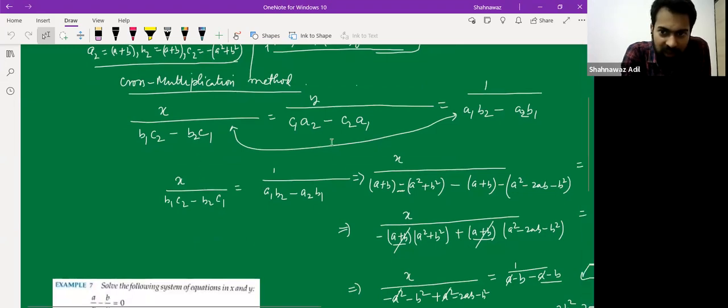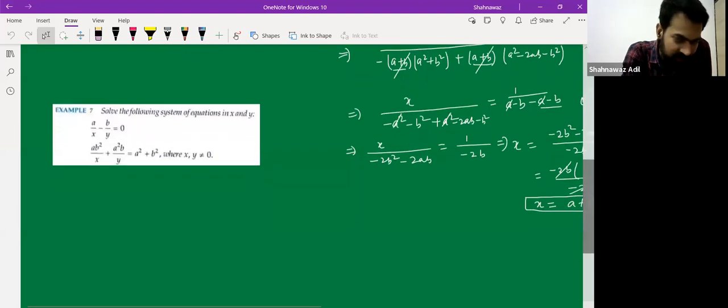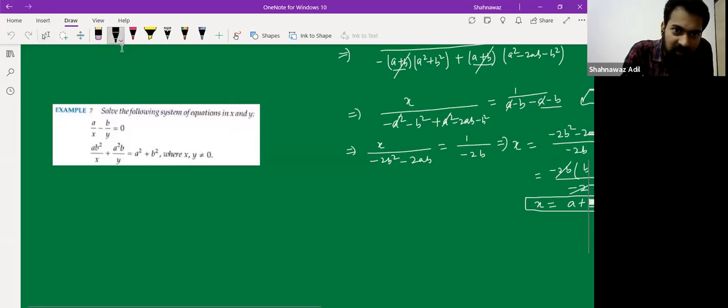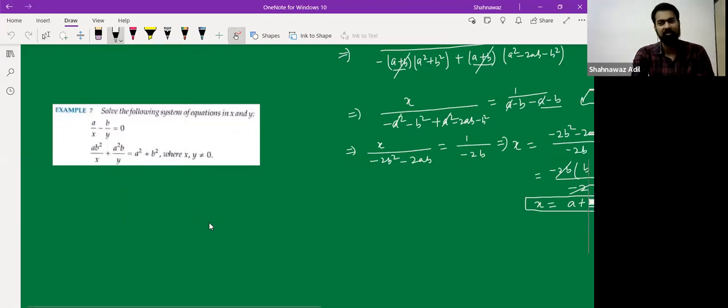And now we will calculate the Y value, right? So can you tell me what is the Y equation here? For cross multiplication, what is your Y? Can you tell me?